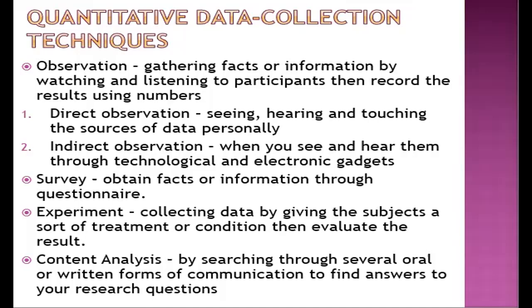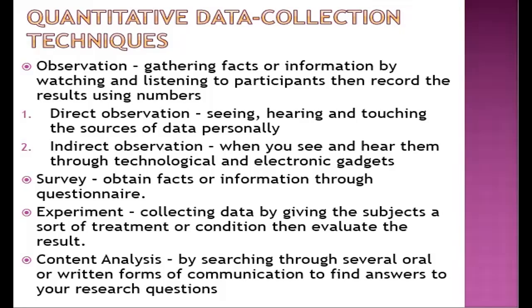We have direct observation, which is using the senses of the researchers, like seeing, hearing, touching the sources of data personally. Indirect observation is when you see and hear the information through any technological or electronic gadgets.